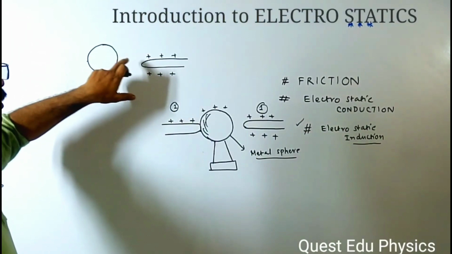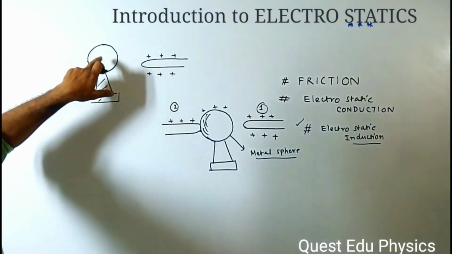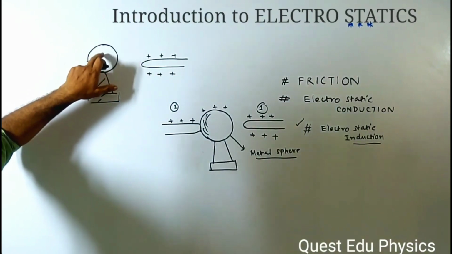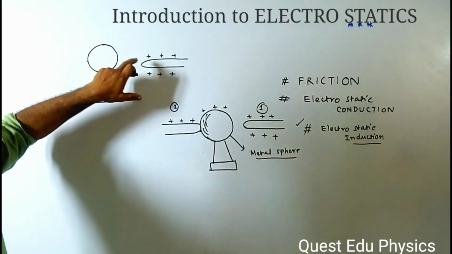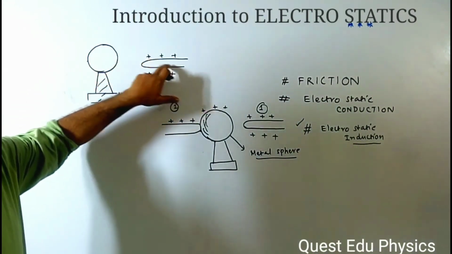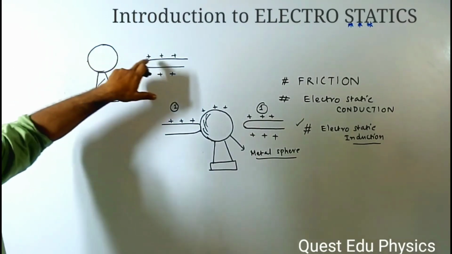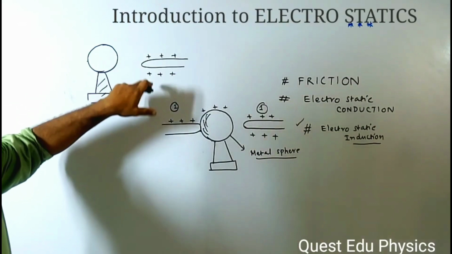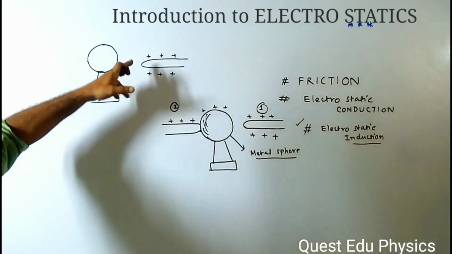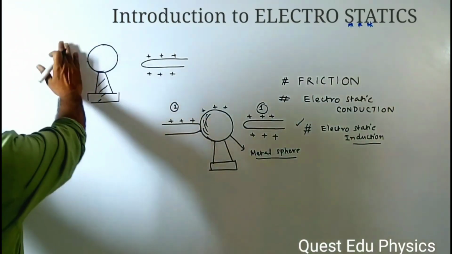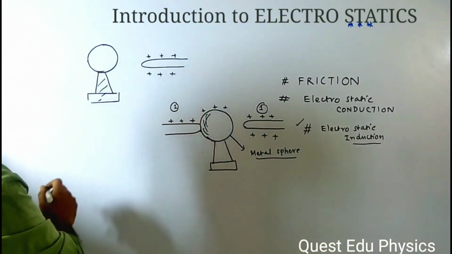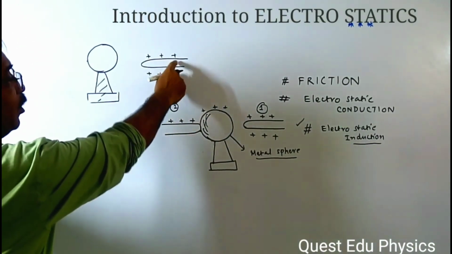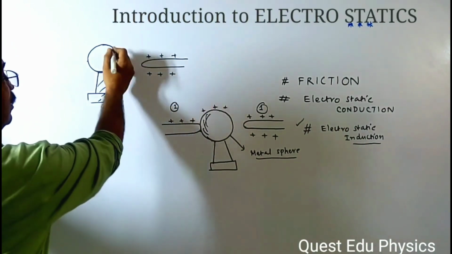It doesn't have any free charges in it. Because of induction, what I am doing, as I said, is producing charge on a neutral body by bringing a charged body near to it. Here I kept a positively charged body near. You can keep a negatively charged body also. Then what happens? The insulation of this material will break and the charge gets induced. I have 6 units of positive charge.